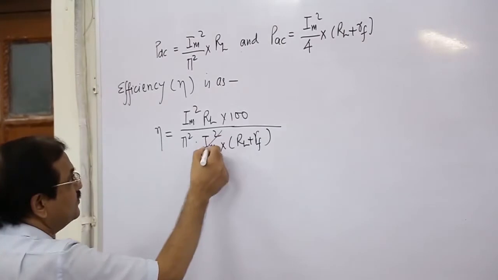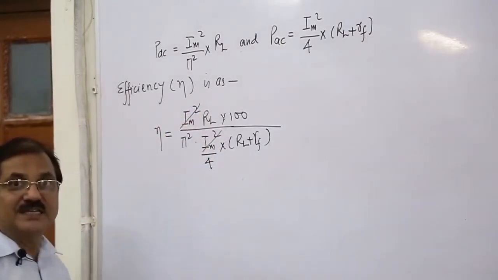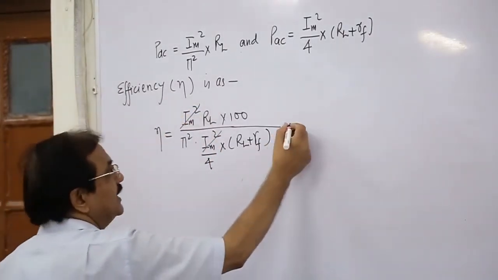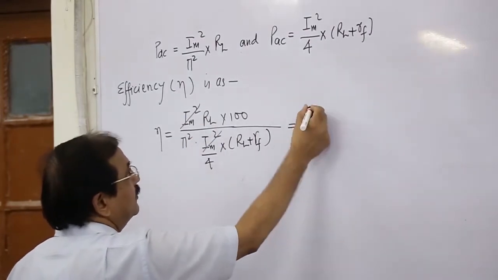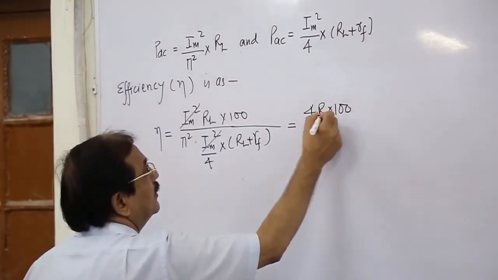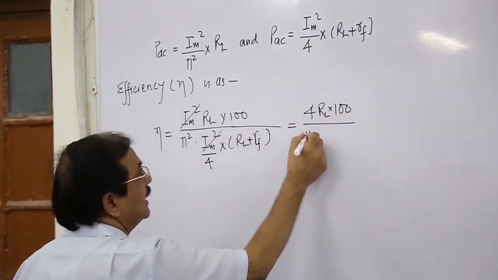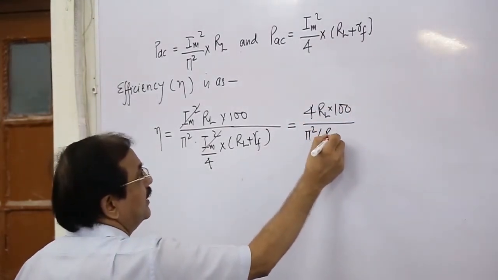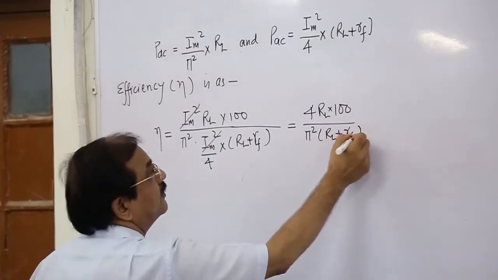So, in this expression we cancel out this Im square from both sides. So, what we get, this is 4 RL into 100 upon pi square RL plus RF.